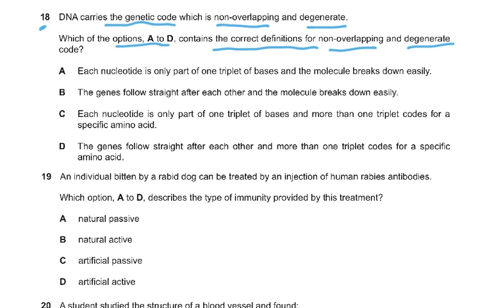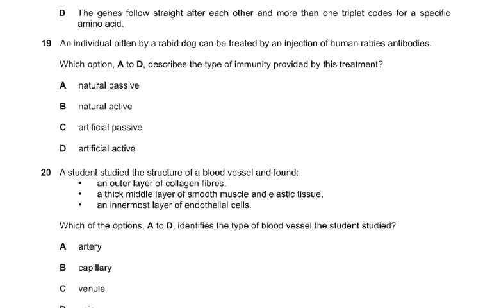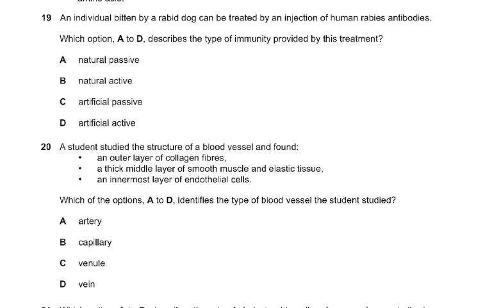The genes follow straight after each other and more than one triplet codes for a specific amino acid. Which is the correct definition for non-overlapping and degenerate? The answer is C. Each nucleotide is only part of one triplet of bases and more than one triplet codes for a specific amino acid. So, non-overlapping and degenerate.